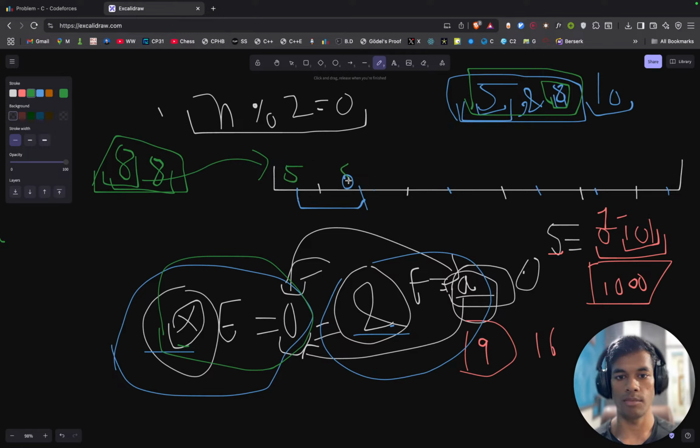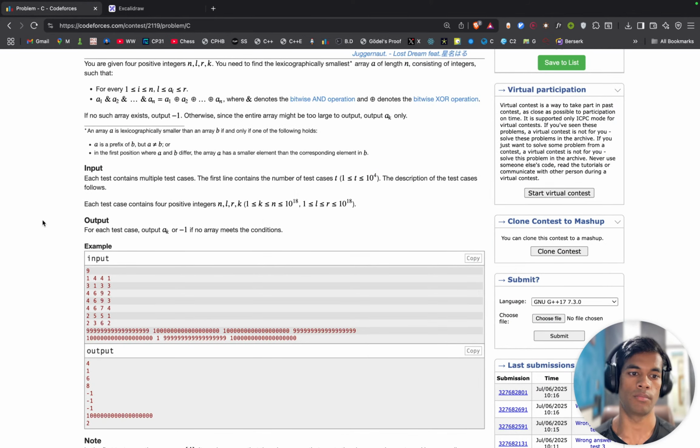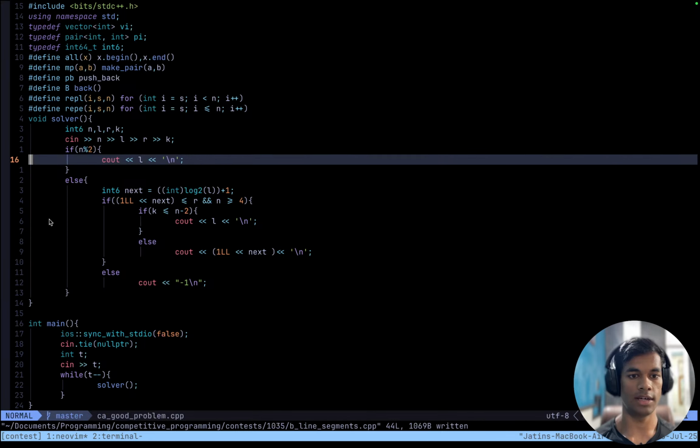So let me fill up this array with 5 any number of times, like 5, and the last two would be 8, because I need to have at least one 8, and if I'm having one number then I have to have a pair to fulfill the XOR condition, and just taking the AND of these two would make it equal to 0, and if that is 0, no matter what the other numbers are, the thing will become 0. And that is what I did here.